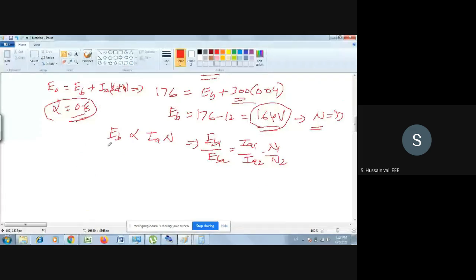EB1 by EB2 is equal to N1 by N2. So that's it, we got it now. 199 divided by 164 is equal to N1, which is 600 RPM, divided by N2. So we have to find N2.